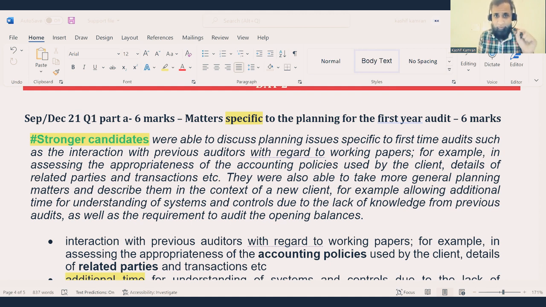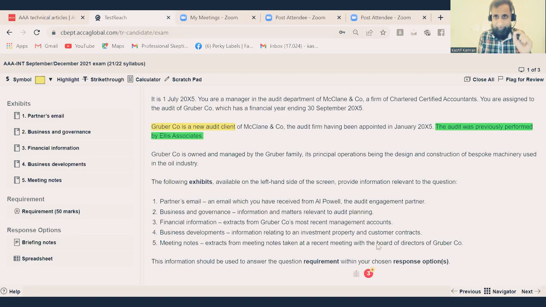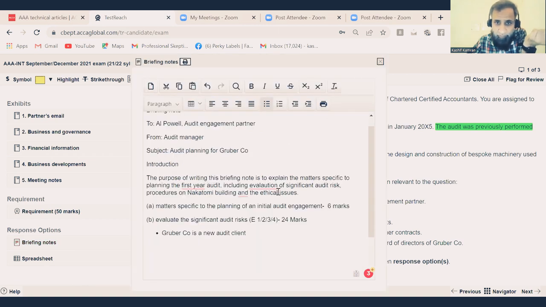Back to the platform. Okay, this is the platform, right? We were looking at the briefing note, and in the briefing note, we have the first requirement, matters specific to the planning of the initial audit engagement, 6 marks.